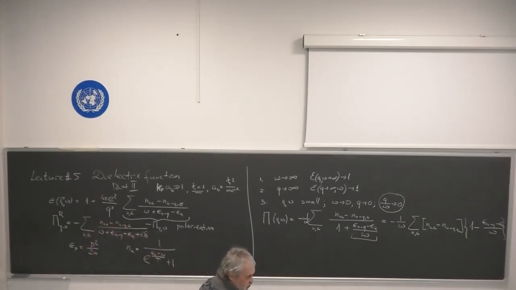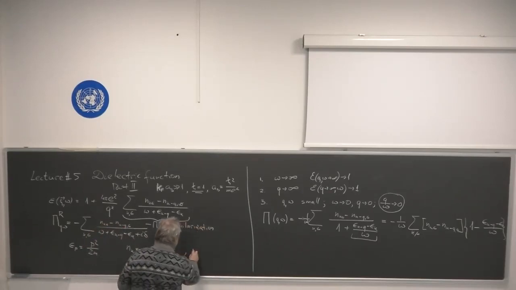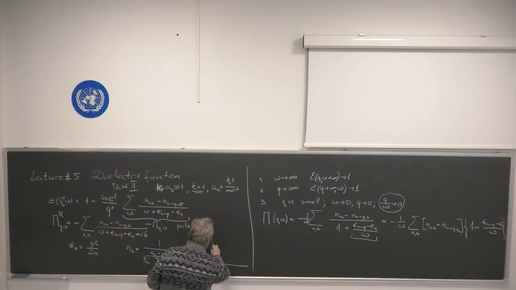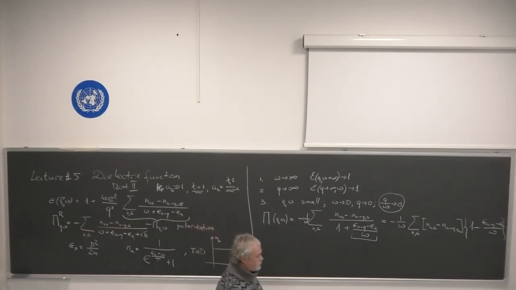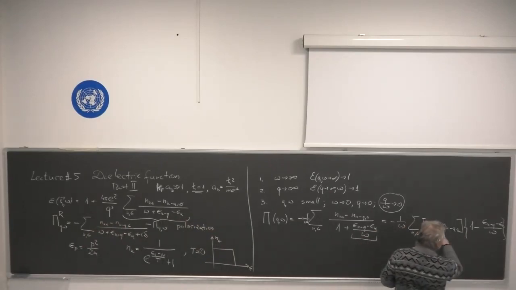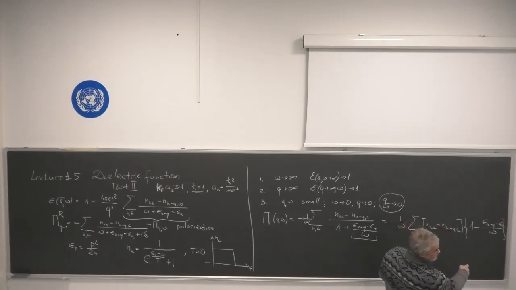And for most of the properties of my discussion today, I will consider temperature equal to 0. Therefore, the Fermi distribution function is a step function, n_epsilon equals theta of mu minus epsilon. So the first term gives me 0 because in this sum, considering the terms n_k and n_{k minus q}, I can change variables, define new variables k minus q, and these two functions exactly cancel each other.